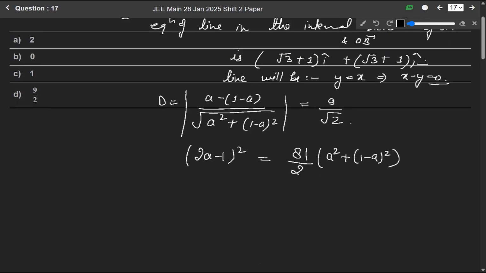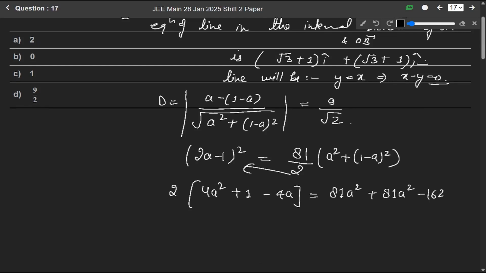So solving it we get, 2 times (4A square plus 1 minus 4A), and that will be 81A square plus 81A square minus 162A minus 81.